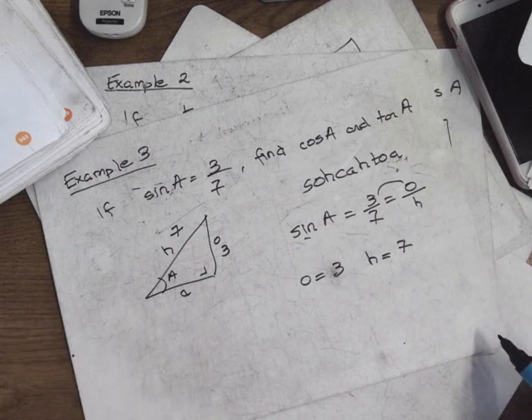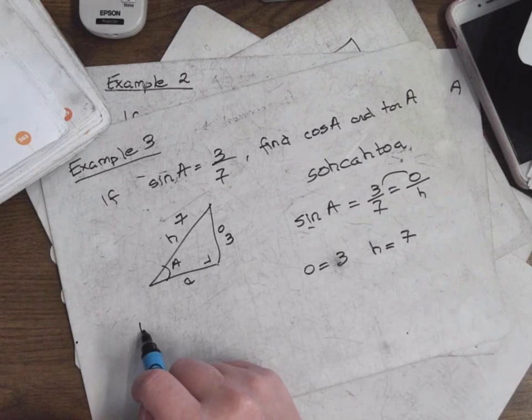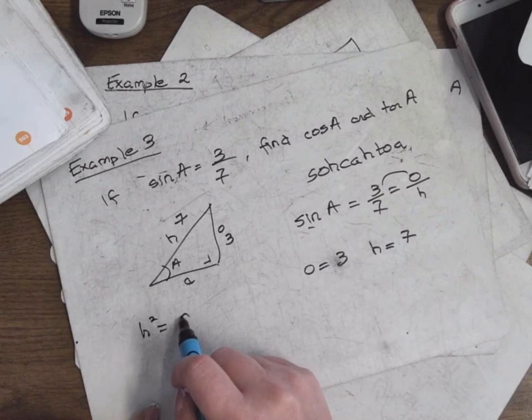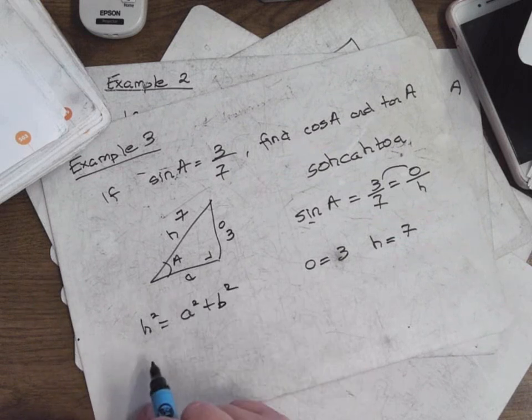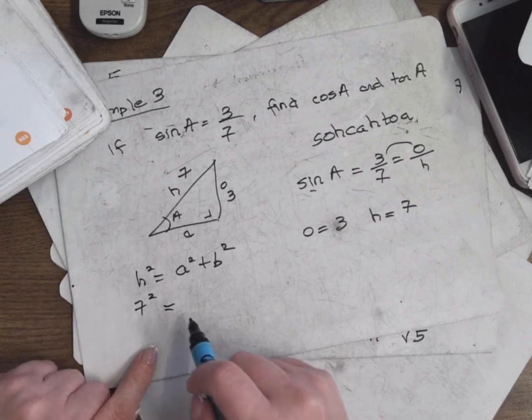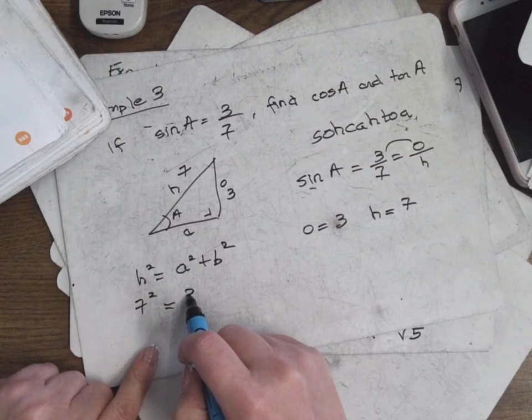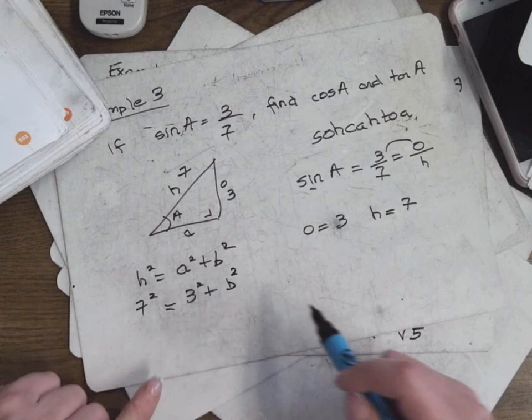What do I need to do now? I need to find the third side. How do I find the third side? Pythagoras' theorem, isn't it? So H squared is equal to A squared plus B squared. So that means 7 squared is equal to 3 squared plus B squared, which is what I'm looking for, the other side.